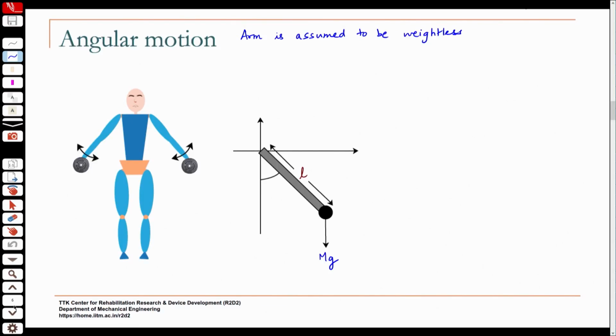Okay. So, let us say the arm is assumed to be weightless and of length L, and m is the mass of the dumbbell.